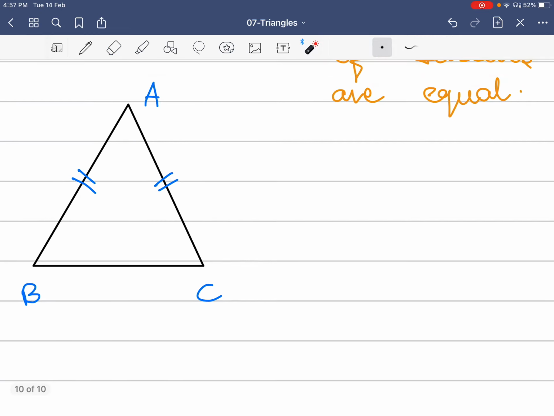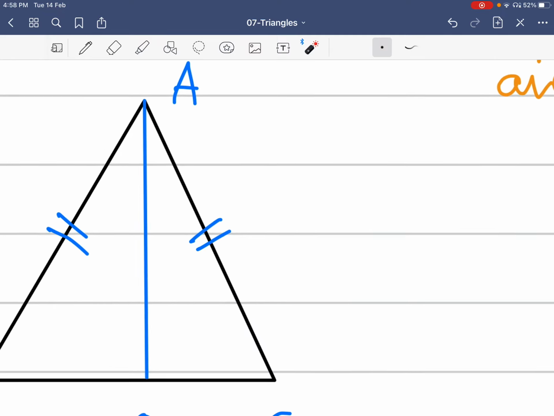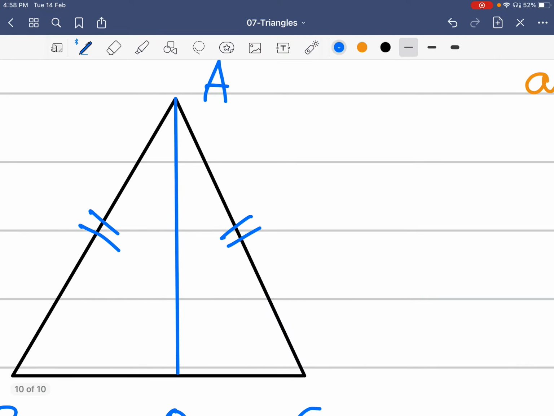Now let us construct an angle bisector of angle A. Let's call the point Q. So AQ is an angle bisector of angle A, which means this angle is equal to this angle.